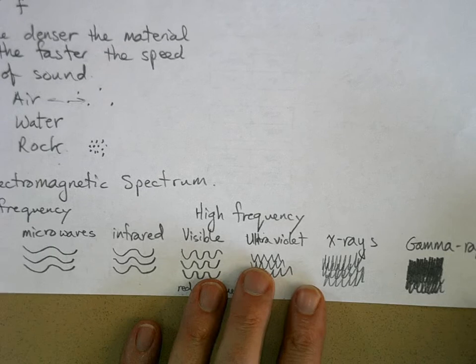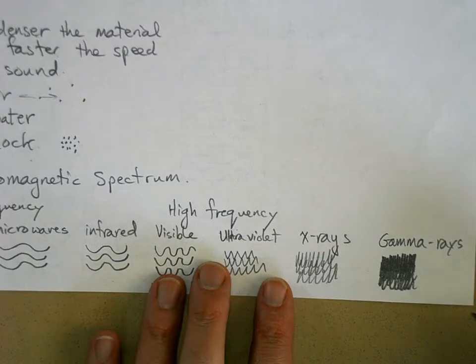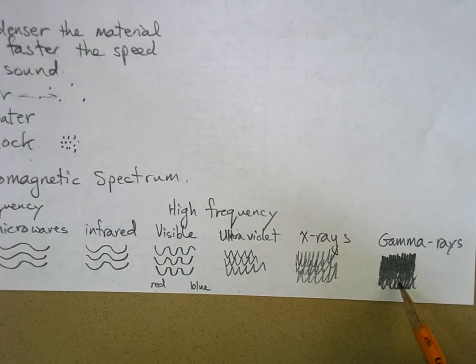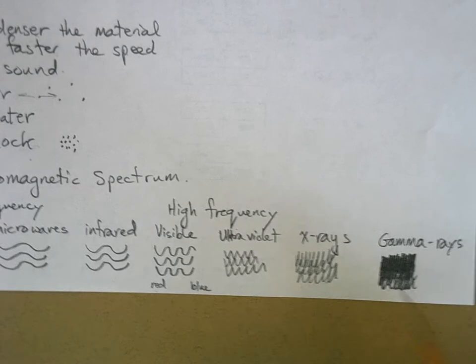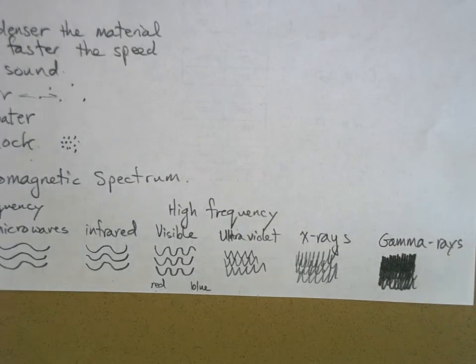But lots and lots of energy. What makes these? Exploding stars. Thermonuclear explosions. The most high energy things that happen in our universe create gamma rays, and you want to stay away from them. Happily, our atmosphere blocks gamma rays from reaching us.